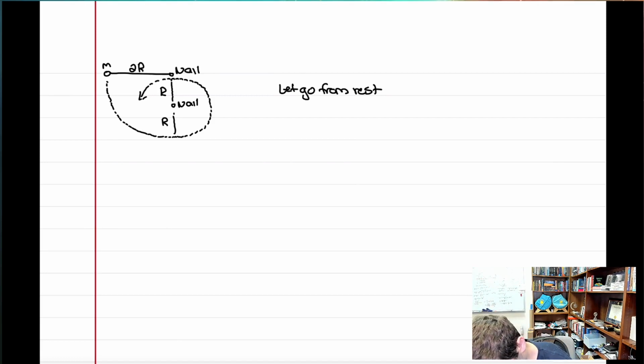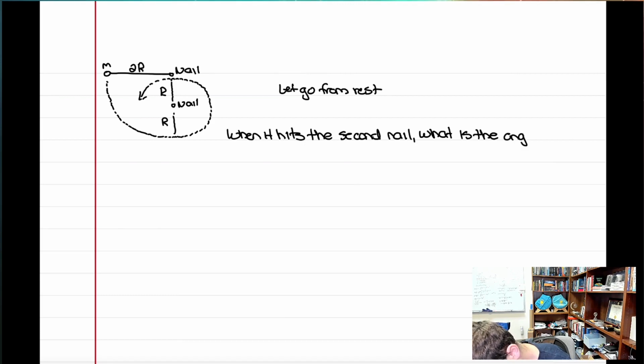And the question is, when it hits the second nail, what is the angular velocity of m around that nail?